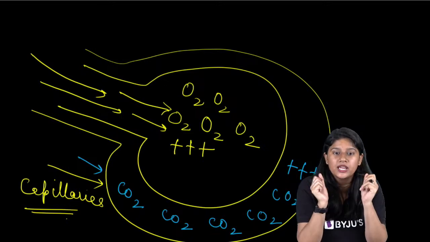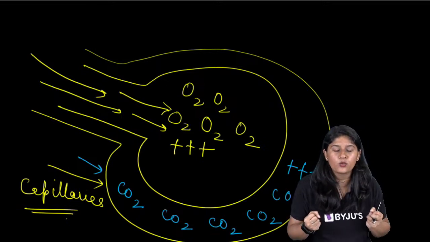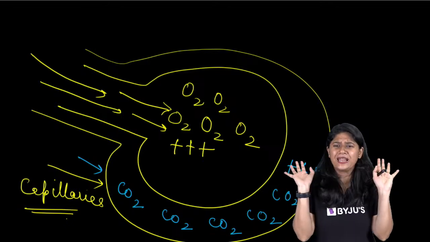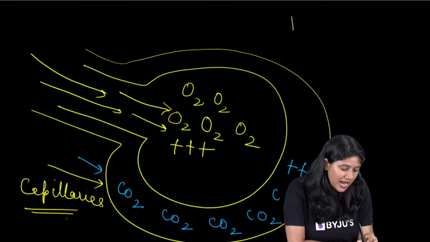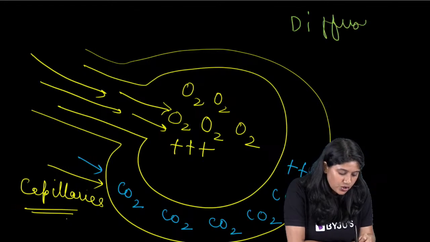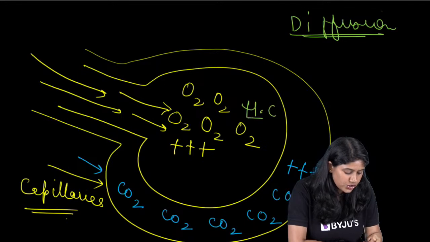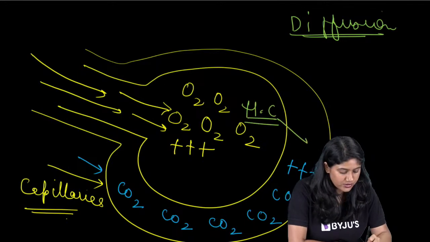Now, if you have something in large quantity, what will you do? You will give it, right? You will say, please take it from me, I have plenty of it. So that's what is happening over here. The process is called diffusion. The molecules from the higher concentration will move to the lower concentration.